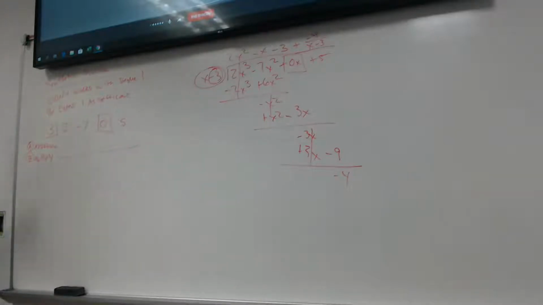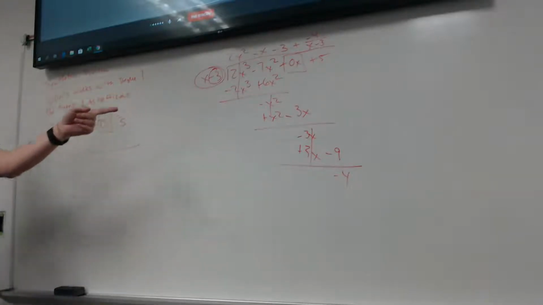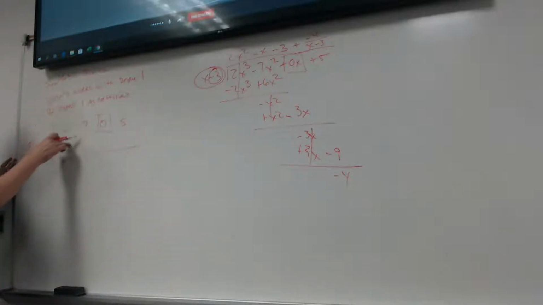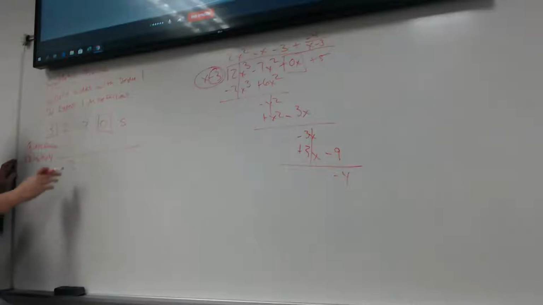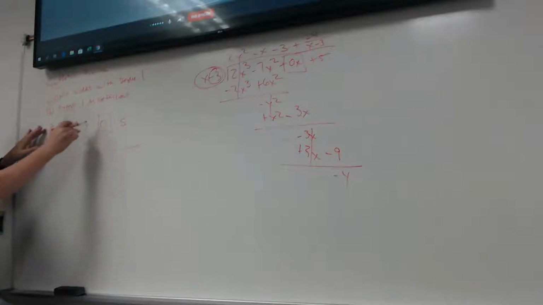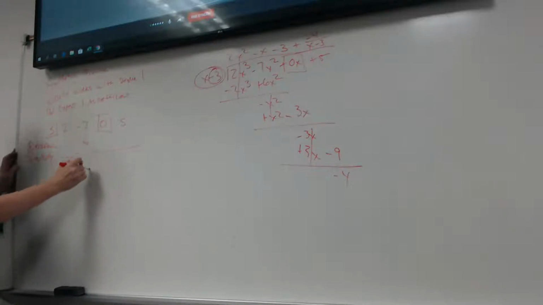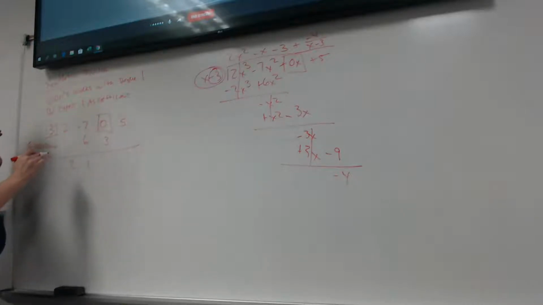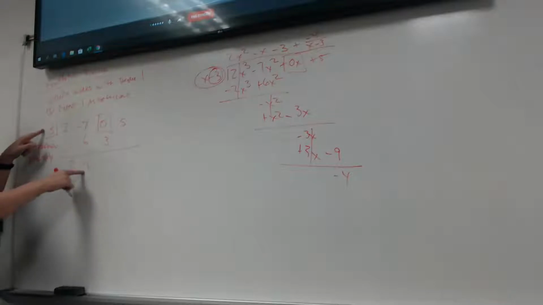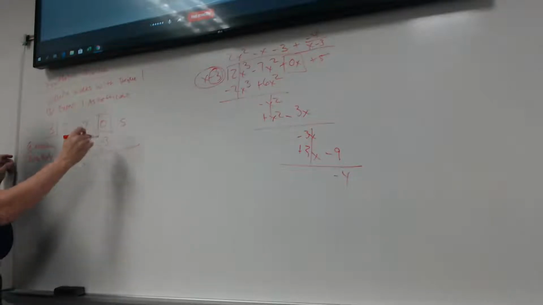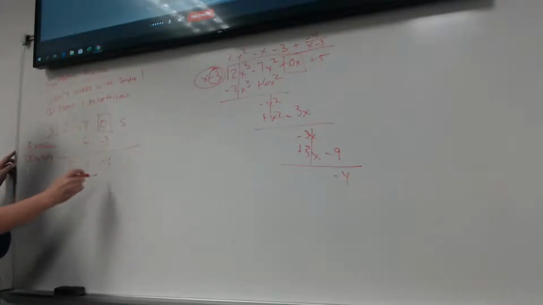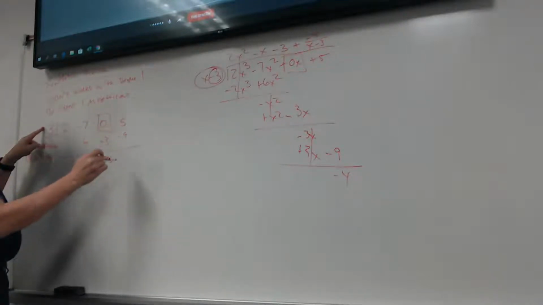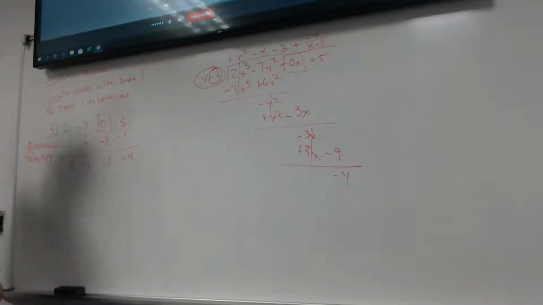So the nice thing about synthetic division is it takes less paper. You'll see all that big thing here. Okay, so we're going to add down. 2 and 0 is 2. 2 times 3 is 6. Negative 7 plus 6 is negative 1. 3 times negative 1 is negative 3. Negative 3 plus 0 is negative 3. Negative 3 times 3 is negative 9, and that gives me a negative 4.